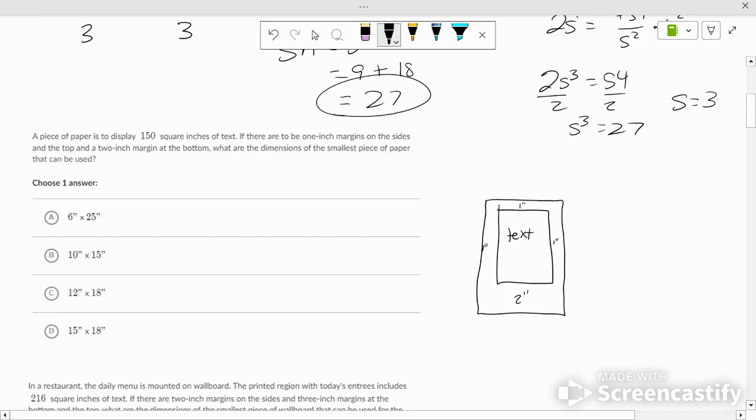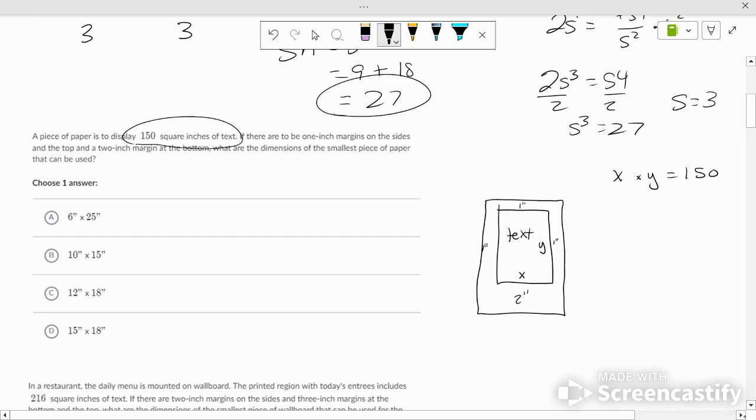We don't know what either of these is, but here's an X and here's a Y, base times height. I know that X times Y equals 150, correct? Because this has to have this much text.